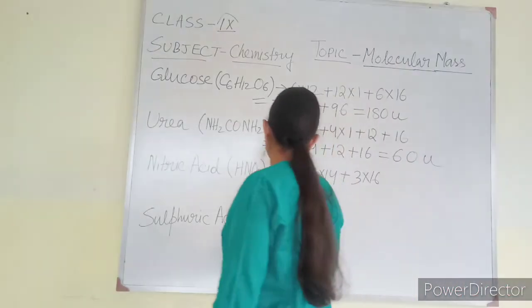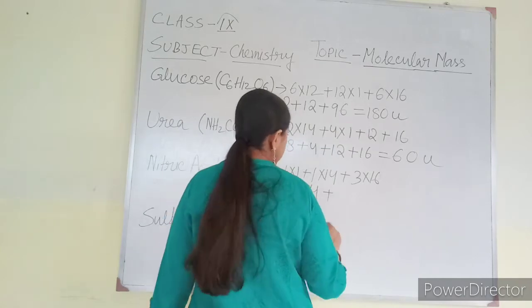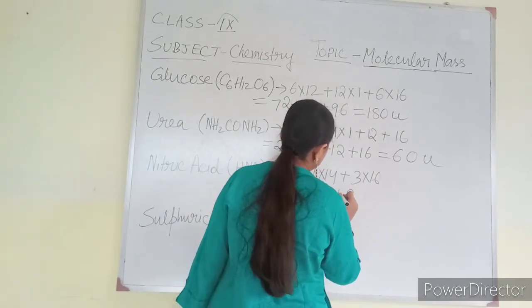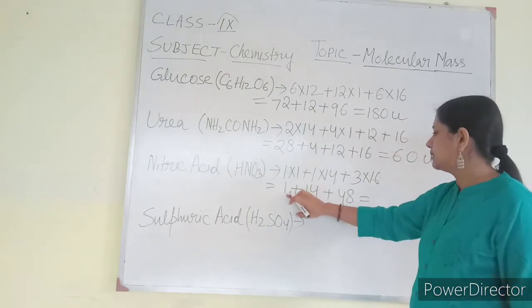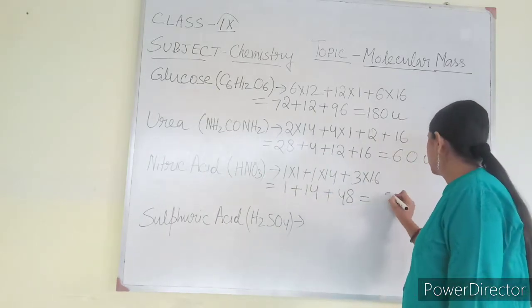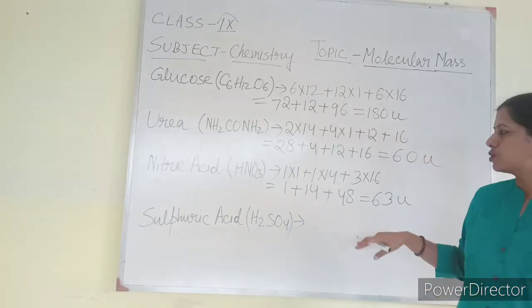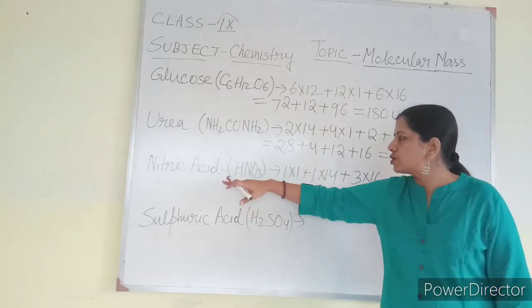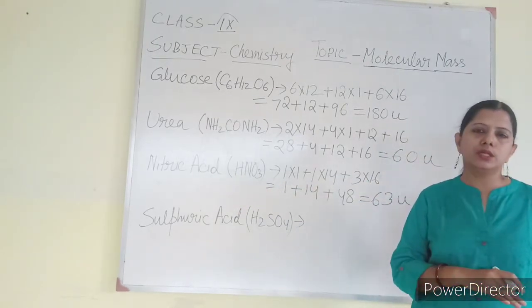Now let us calculate 1 plus 14 plus 48. Okay, so you are getting 63 unit. So what is the answer? Mass of one molecule of nitric acid is 63 unit.